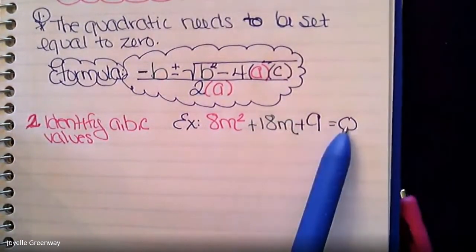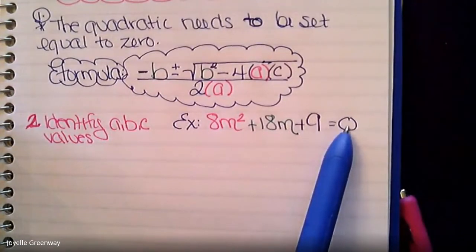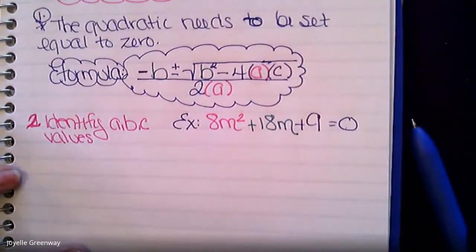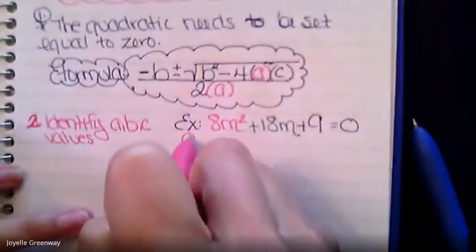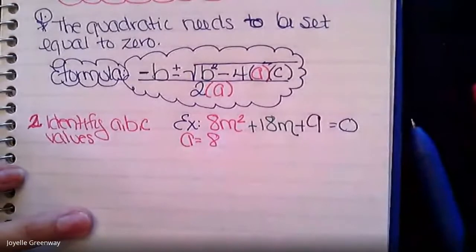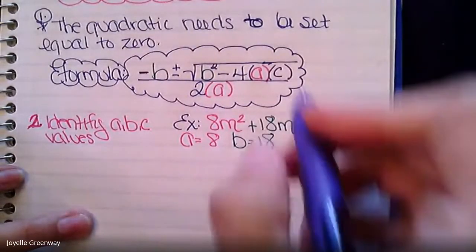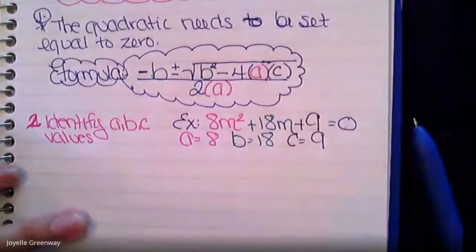Okay, so it's set equal to 0. Great, we don't need to do anything in that case. So now step 2, identify your a, b, and c values. So my a value is 8, my b value is 18, and my c value is 9.